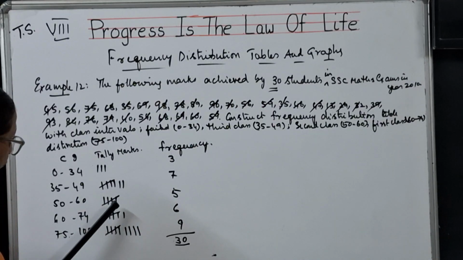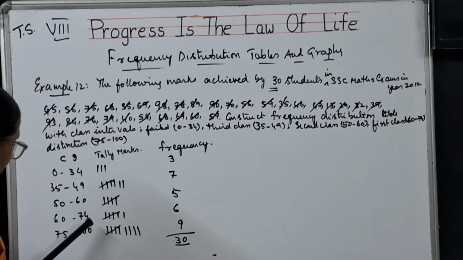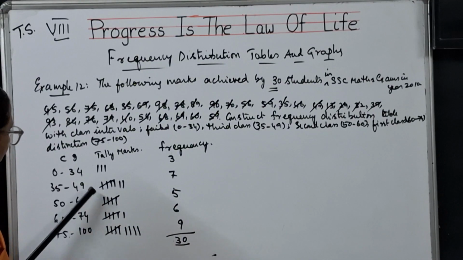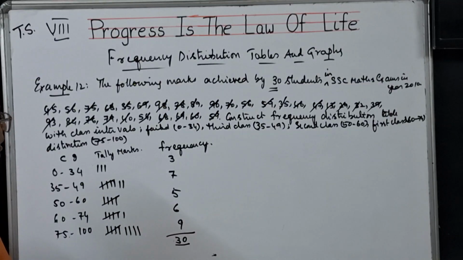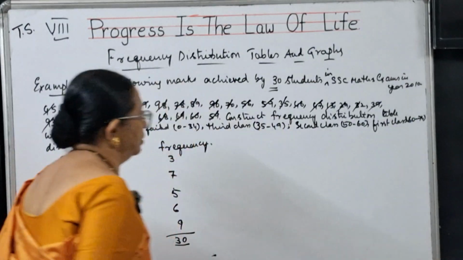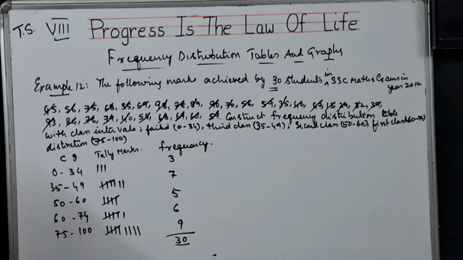After drawing 4 lines, the fifth one should be counted by crossing it. So for counting, 5 plus 4, 9, 5 plus 1, 6, 5 plus 2, 7. Very easily you can write the number by counting it, children. So this is how you need to write the frequency distribution table, children. Please note it down.